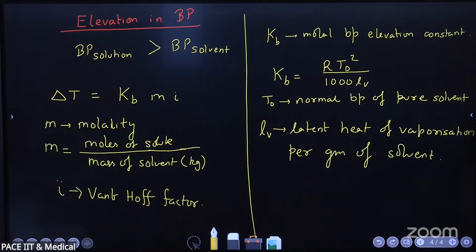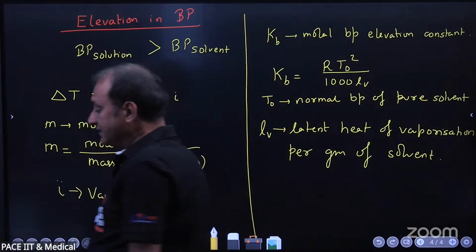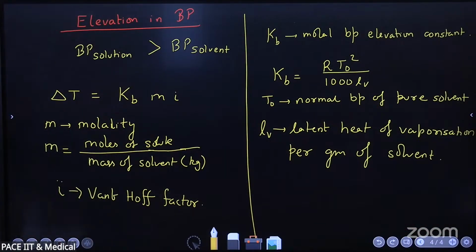This per gram is important because generally latent heats are given to us per mole. So we have to be careful that in this formula, we have to substitute latent heat per gram of solvent, not per mole of solvent. Okay. So this is our first colligative property, elevation in boiling point.